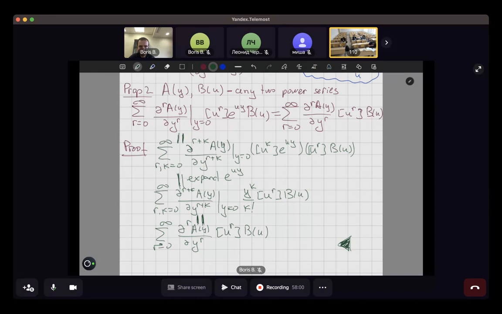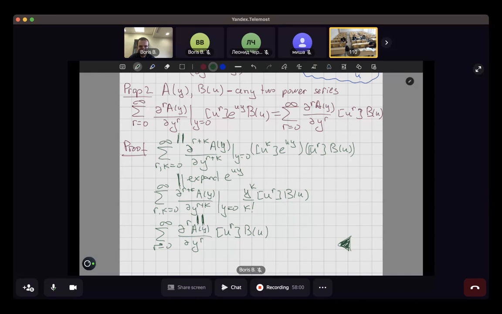It is a polynomial in M, when we take a coefficient in front of h to some power.